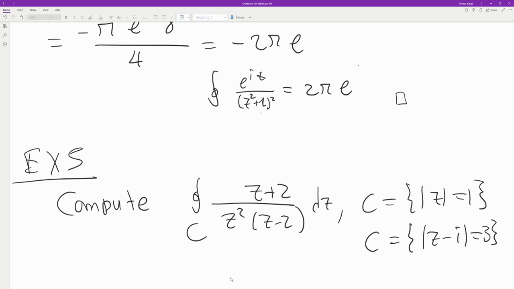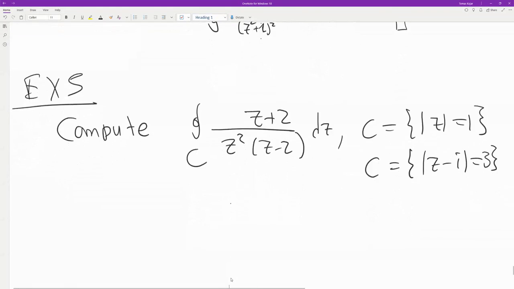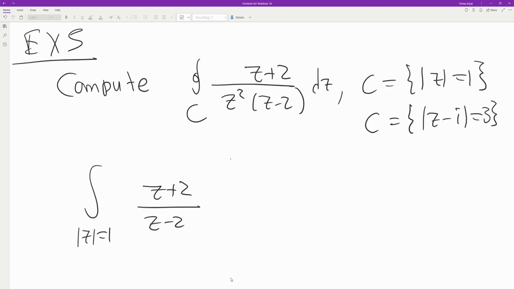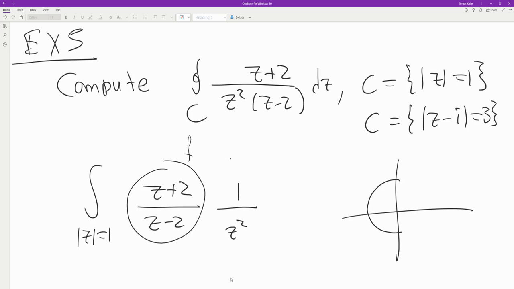Okay. All right. First guy, I think you can see it by now. So we write it in this form because we see that, so this is the contour, and it has two poles, one at 0 and the other one at 2. So only 0 is inside.